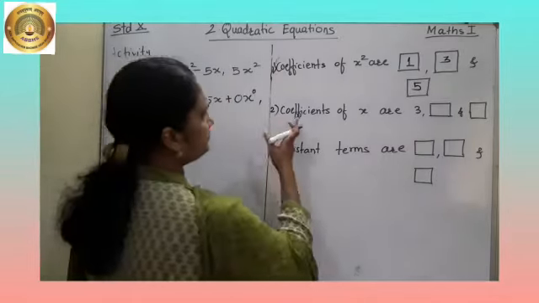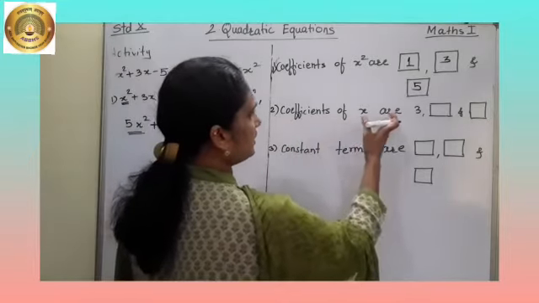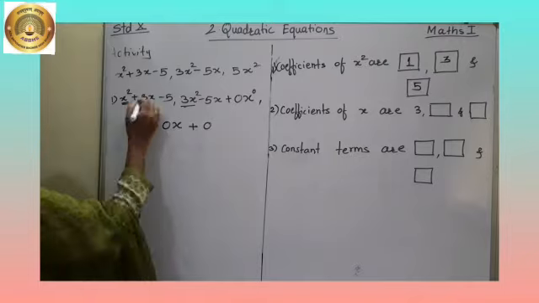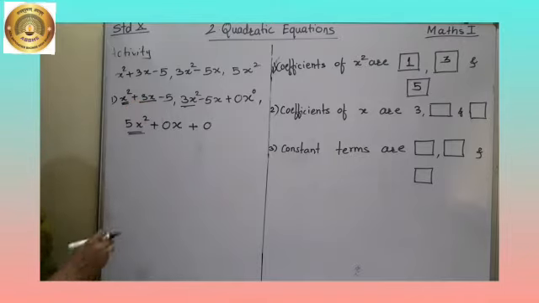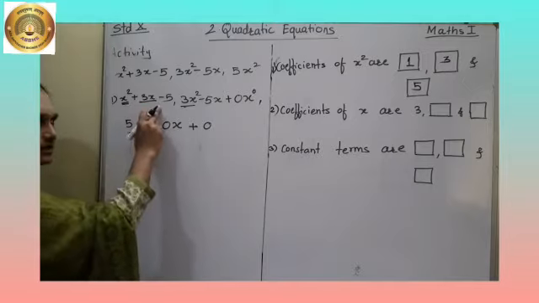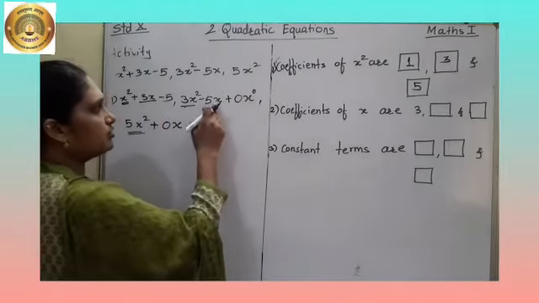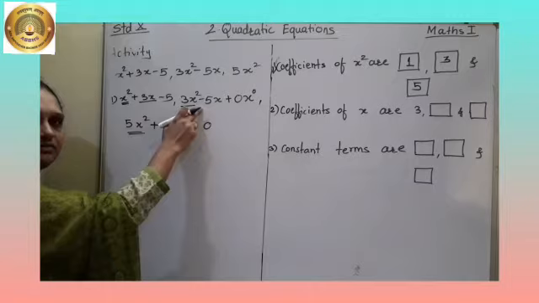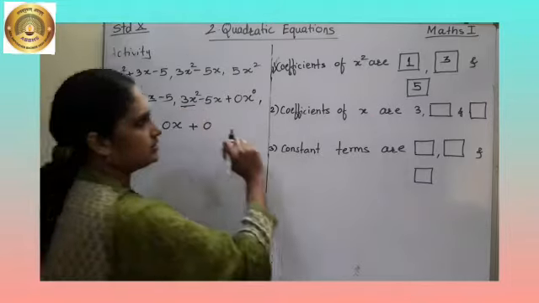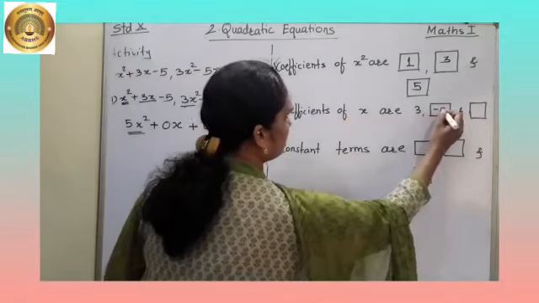Now here coefficients of x are, wherever x we observe. Here the x is. So along with x what is there? 3. So 3 is the coefficient of x. Minus 5x. So along with this x, minus 5 is given. So minus 5 is a coefficient of x. So here I'll write minus 5.